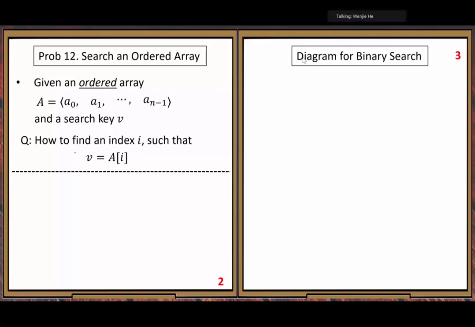When we do comparisons, we always compare the given key with the element that is the median of the current ordered array.